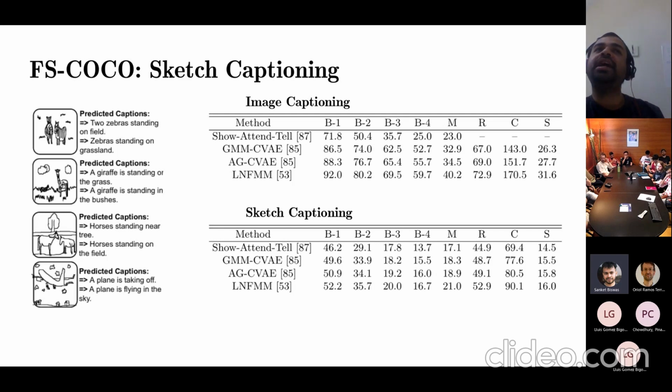But what we have done up till now is make the captioning process more stochastic, since sketches, due to their ambiguity, can have multiple interpretations.